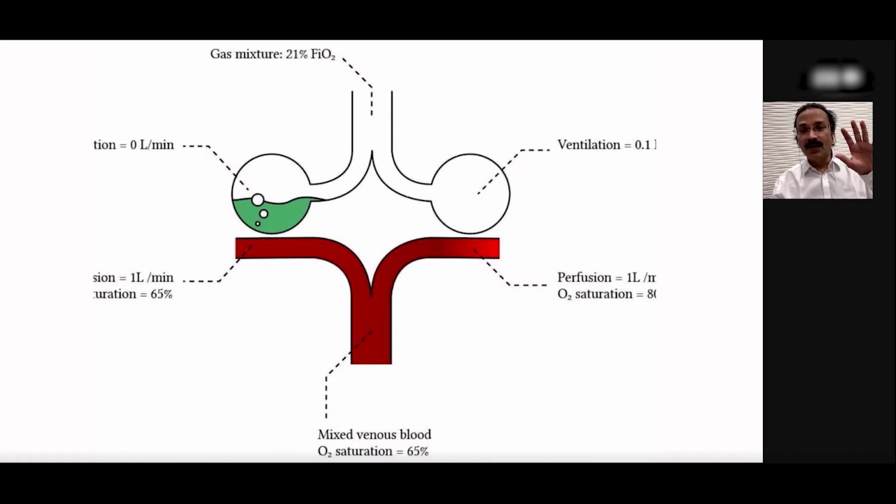Now going through the basics again, we come to this patient. Now remember there were three symptoms which he had. One was fever, second was cough with expectoration, and third was breathlessness on exertion. Okay, exertional breathlessness. So we are going to tackle the exertional breathlessness aspect now. Fever is because of pyrogens.